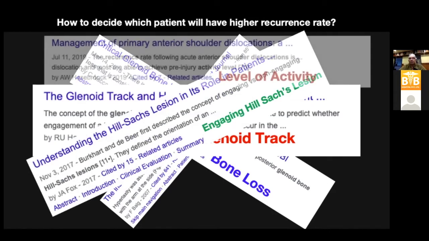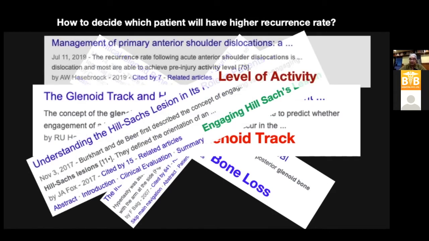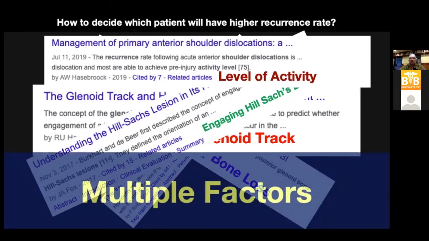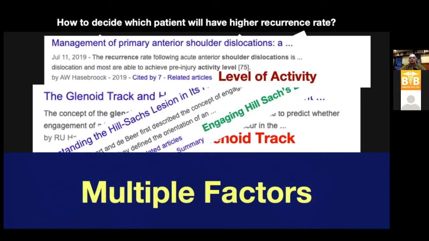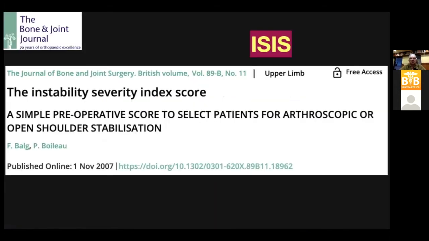Level of activity: some people say that the level of activity has to be the main factor to decide whether to go ahead with the Bankart repair or the Latarjet procedure. So to summarize, there are so many factors that have to be considered before taking a decision regarding the Bankart or the Latarjet procedure. So this is the ISIS, which was published in 2007 and has set a benchmark.